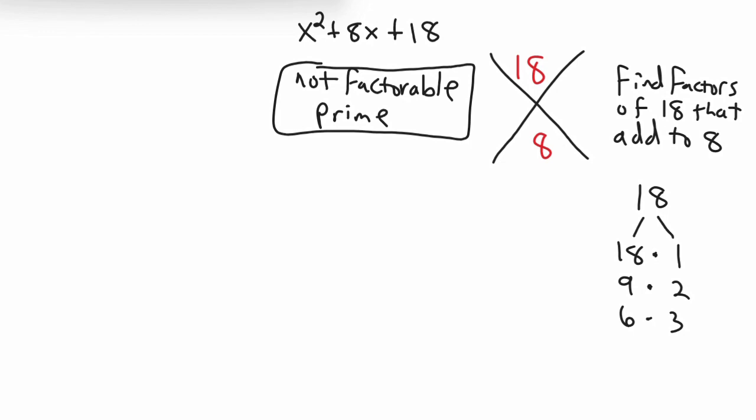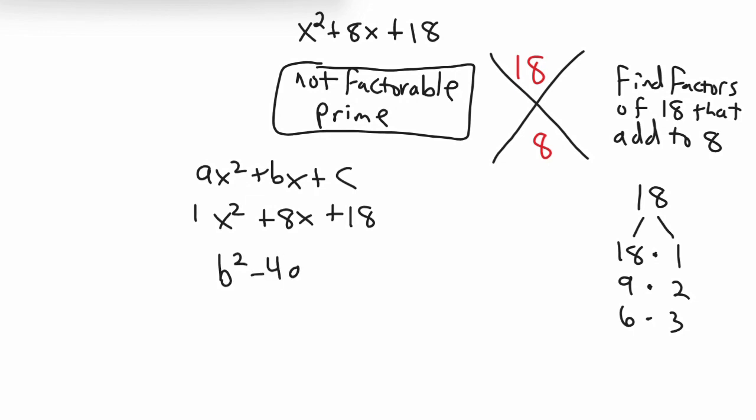Now, if you want to check and see if a trinomial is factorable, what you can do, if it's in this form here, so our problem is 1x squared plus 8x plus 18, you want to plug it into this formula, b squared minus 4ac. So our b is equal to 8.